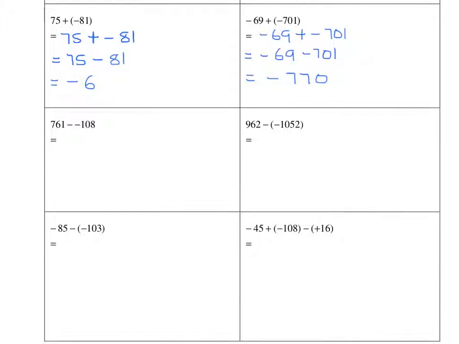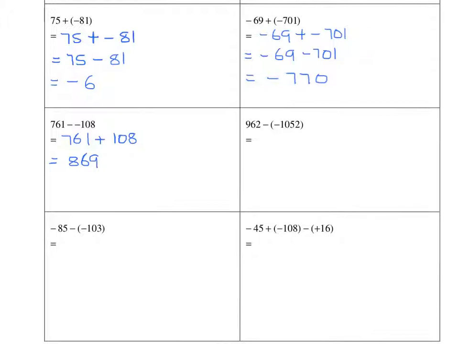This one simplifies. We've got a double sign there which we need to simplify. It's a double negative which simplifies to a positive. So that's just a very simple addition. This one's exactly the same.